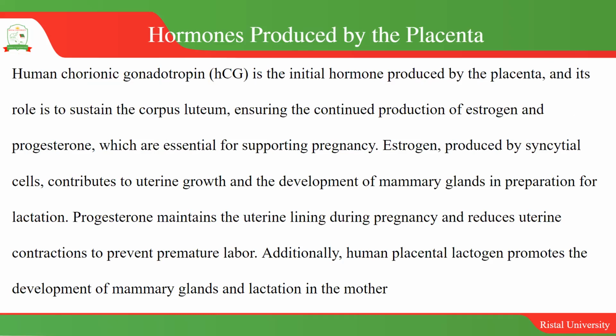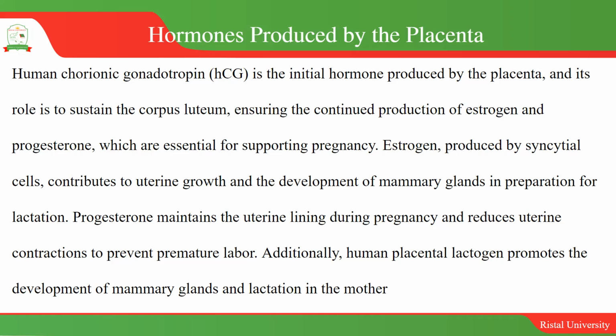So the placenta also produces hormones. We already looked at the HCG, which helps in sustaining the corpus luteum. That is very important in producing estrogen and progesterone, which are vital in supporting pregnancy.